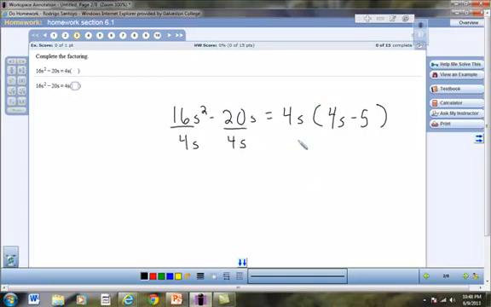So what they're saying here is you can rewrite 16s squared minus 20s as 4s, open parentheses, 4s minus 5. All you did is factor out the GCF, and this will be the solution that you're putting inside the parentheses there. Something you're going to be doing a lot now is factoring out, finding the GCF. Here the GCF once again was 4s.